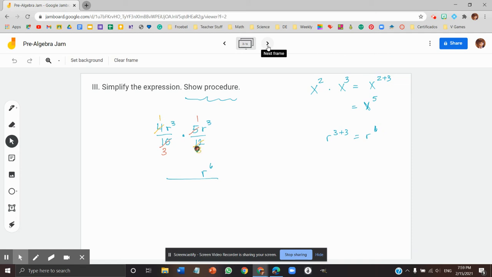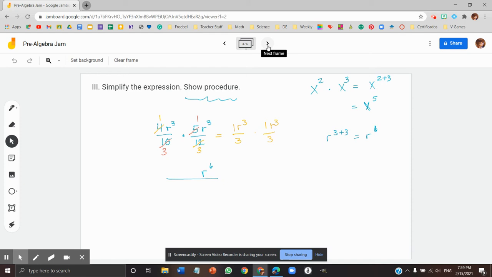Now I know there's a bunch of gibberish there, but basically I have 1r to the third over 3 times 1r to the third over 3. And r to the third power times r to the third power is just r to the sixth power.